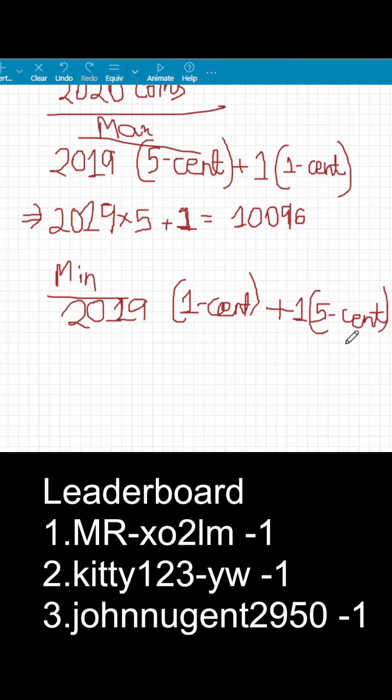That means 2019 into 1, that is 2019 itself, plus one 5-cent coin, that is 5 cents. So this will be 2024 cents in total. This is the minimum amount he can have.